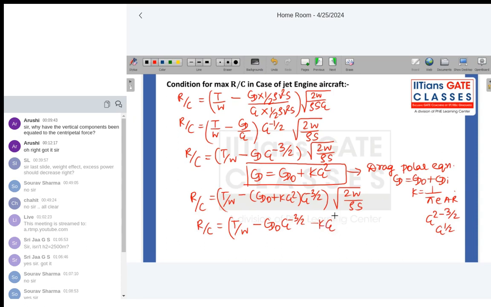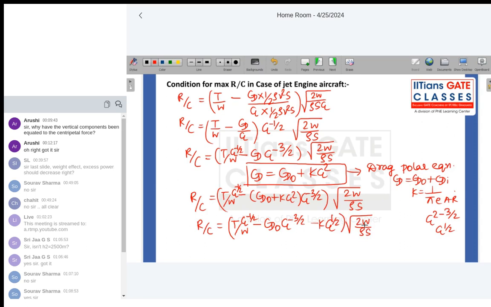In the third equation, shouldn't the CL negative 1 by 2 multiply with T by W also? You should have multiplied. Yes. Sorry. Yeah, correct. So this will become CL power 1 into root of 2W by rho S.